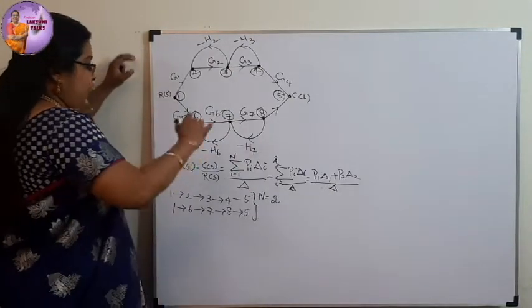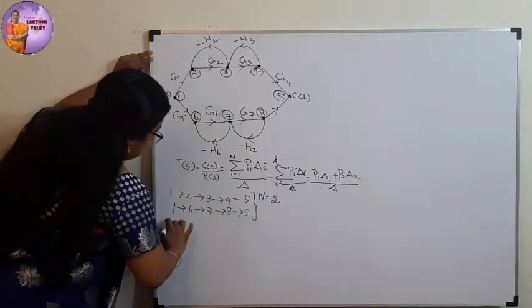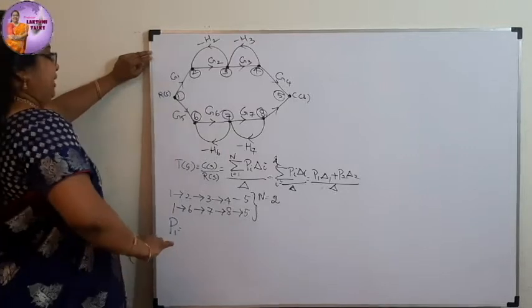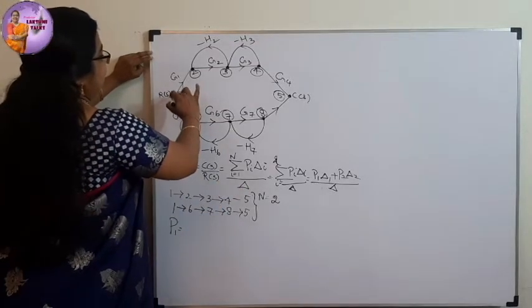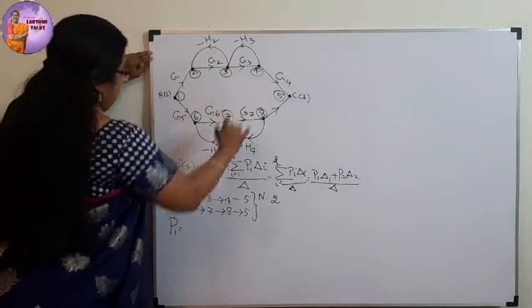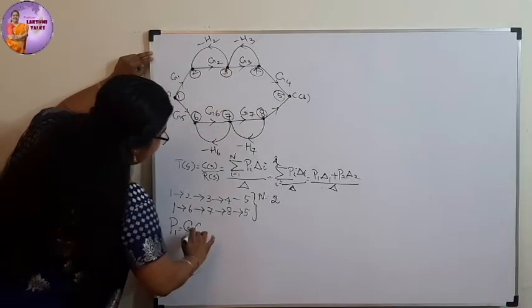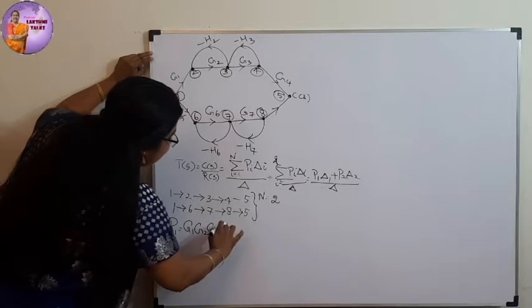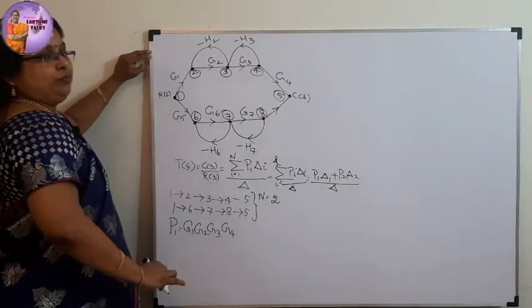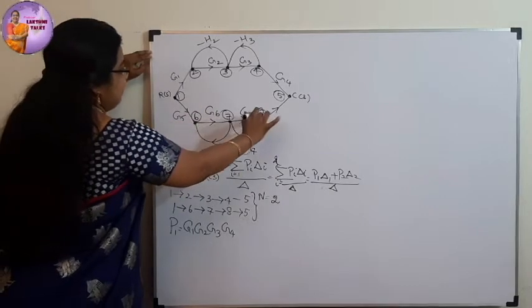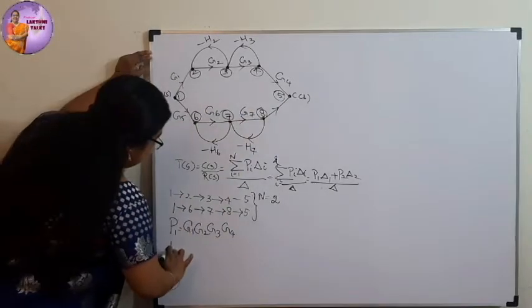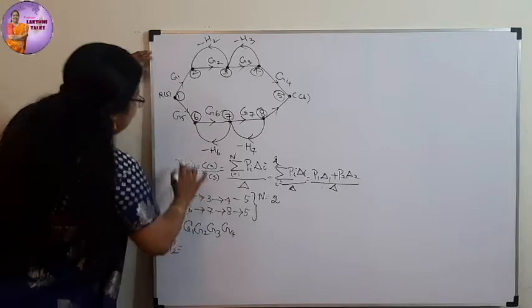So what is P1? P1 is the forward path gain. It is 1 to 2, 2 to 3, 3 to 4, 4 to 5. What are the gains in the forward path? G1, G2, G3, G4. So P1 is the product of G1, G2, G3, G4. What is the other forward path? 1 to 6, 6 to 7, 7 to 8 and 8 to 5. What are the gains in that path?